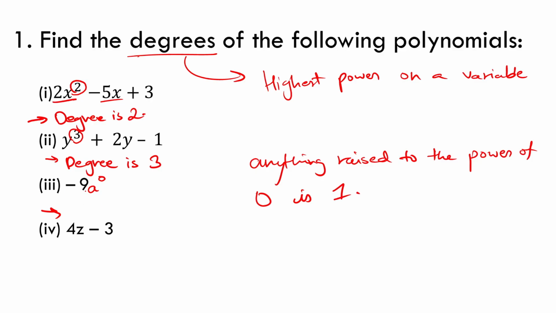So you can just imagine it as any variable raised to the power 0. So its degree is going to be 0. And in here the degree is not going to be 0. There is a hidden 1 in here. So the degree of this is going to be 1.